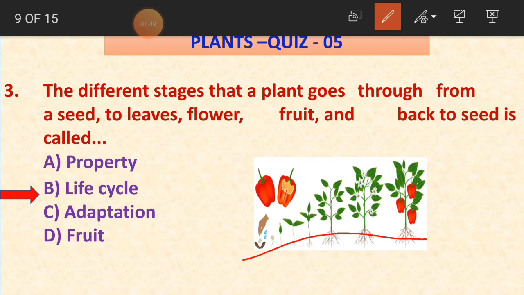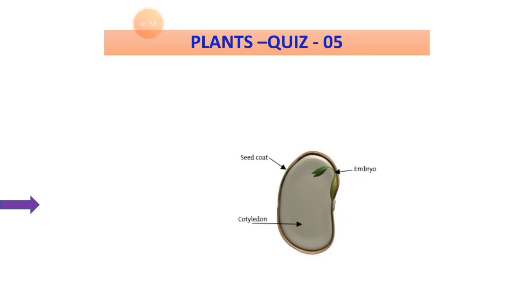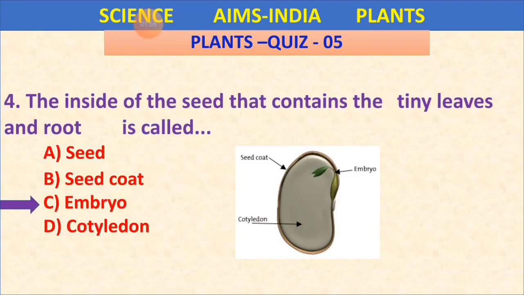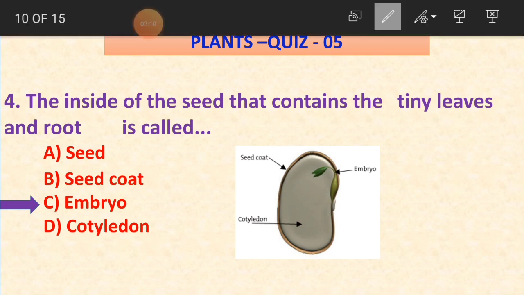Okay, children? Now, the next question. Here we are seeing a seed in our diagram, and the inside of the seed that contains the tiny leaves and root is called what?